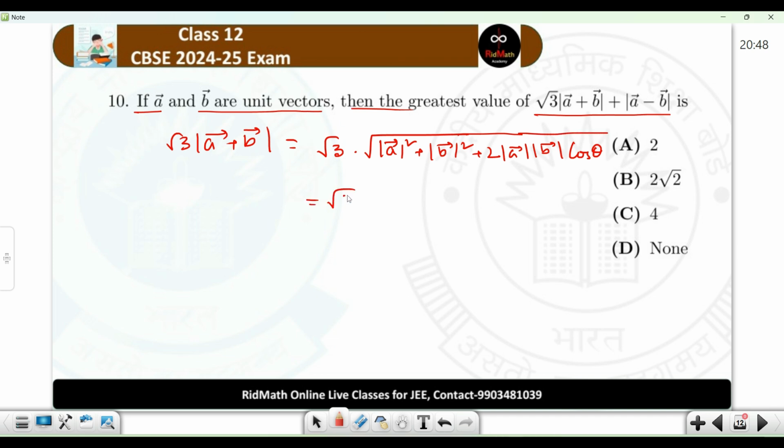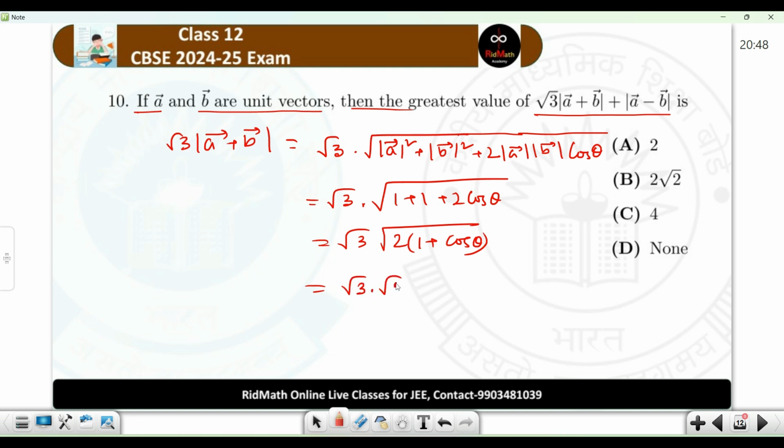So this is equal to root 3 into root over 1 plus 1 plus 2 cos theta. This is equal to root 3 into root 2 into (1 plus cos theta), root 3 common, root 2 common, root 2 root over 1 plus cos theta. This is root 6 into root over 1 plus cos theta, and this is equal to root 6 into root over 2 cos square theta by 2.